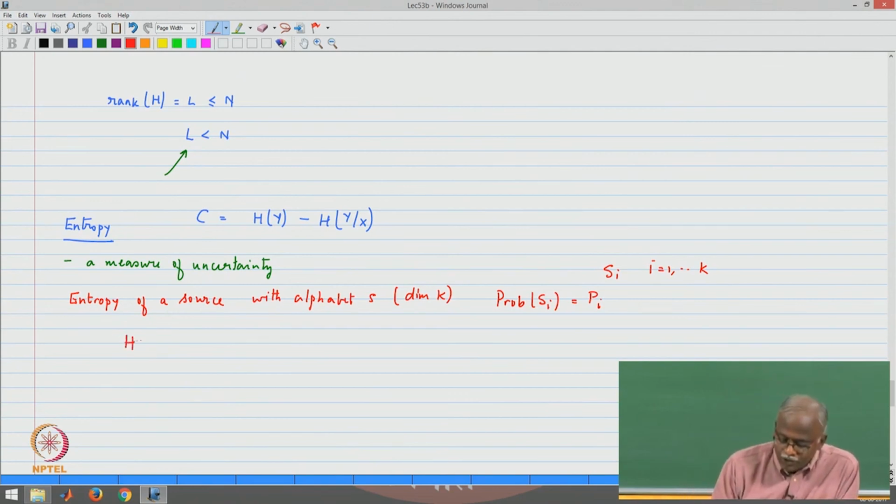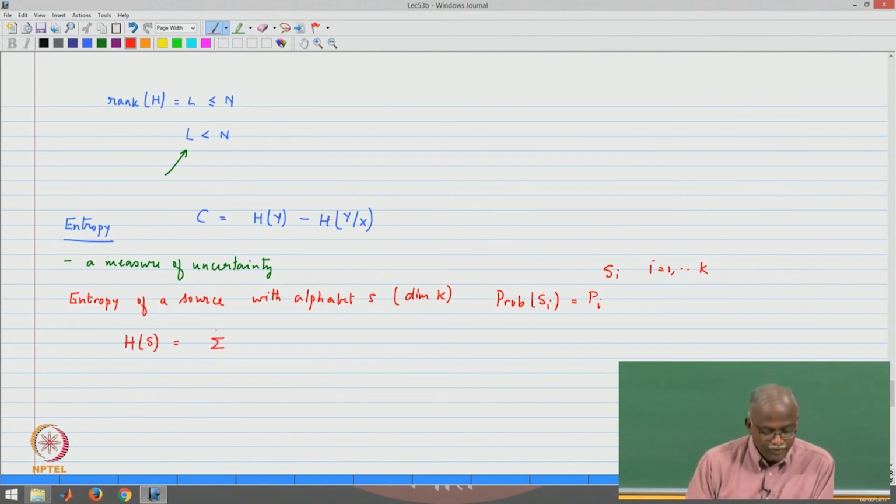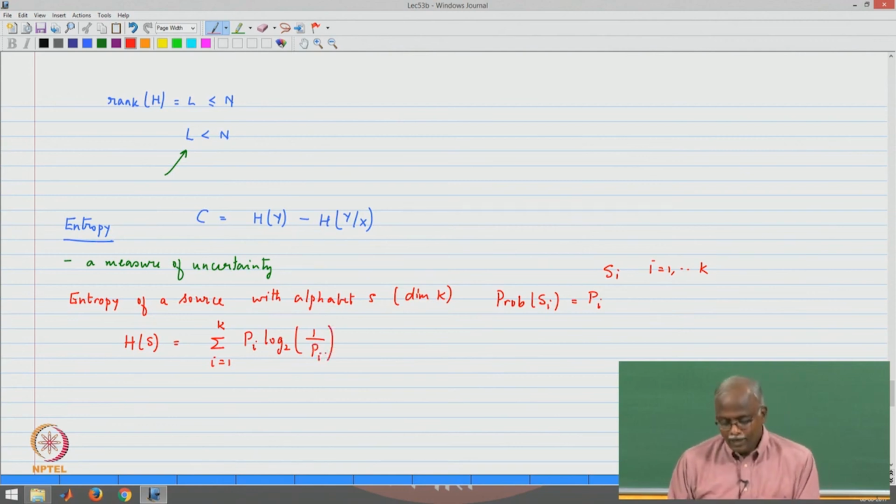Now, the entropy of the source is given by the summation, i equal to 1 through k, of Pi logarithm base 2 of 1 over Pi. Okay. So, this is a very useful expression.